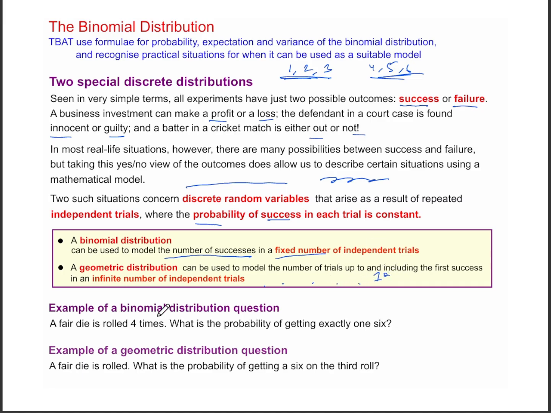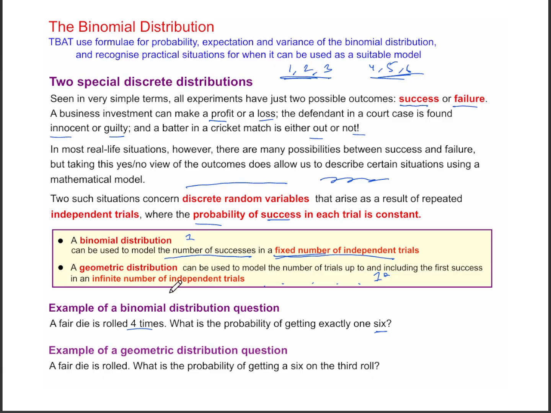This is an example of a binomial distribution where a fair die is rolled 4 times, so there is a fixed number of trials, which is 4. And what is the probability of getting exactly 1 six? So your success is getting a 6, and you want 1 six out of that. So that's the number of successes that you want.